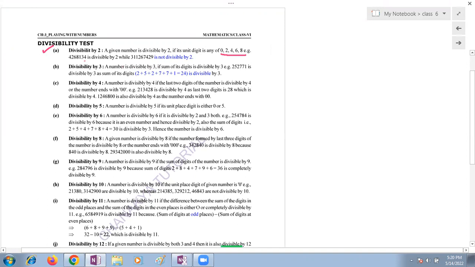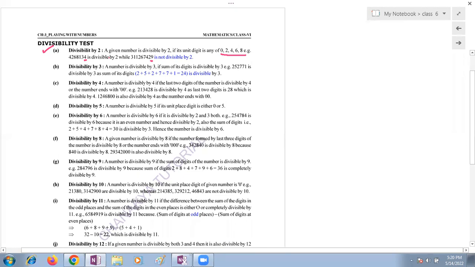Examples: 4, 2, 6, 8, 1, 3, 4 is divisible by 2, while 3, 1, 1, 2, 6, 7, 4, 2, 9 is not.